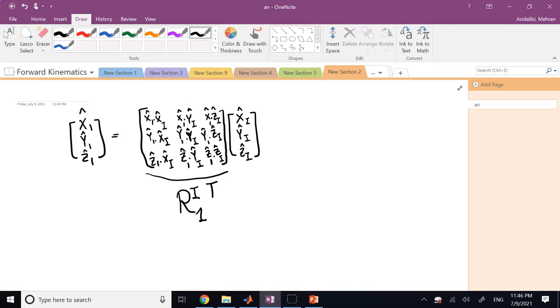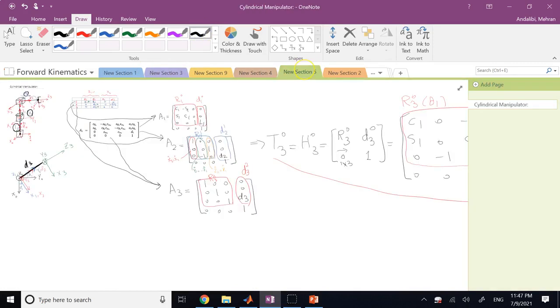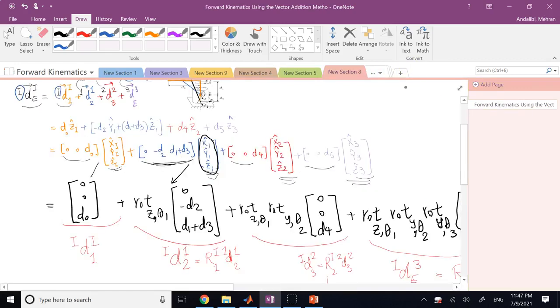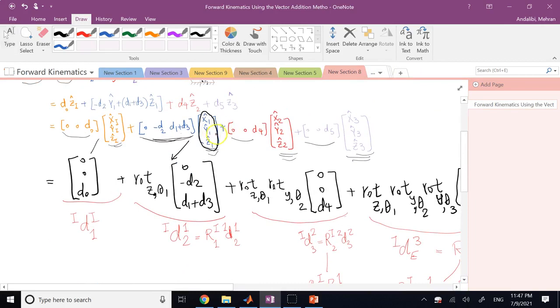Now, what can I write this as? Let's go back here to this previous equation so I show you what happened. Yes, so what am I doing? Instead of this one, I should write what? R of 1 with respect to I transpose, correct? Times what?